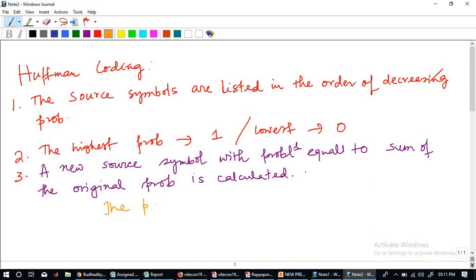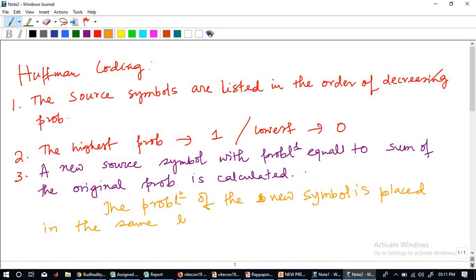The probability of the new symbol is placed in the same list such that the order is maintained.